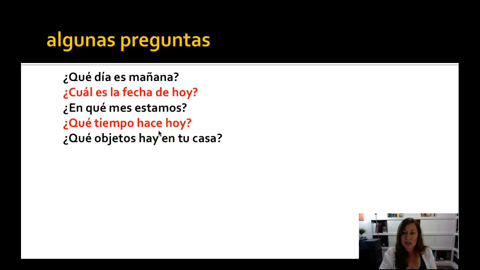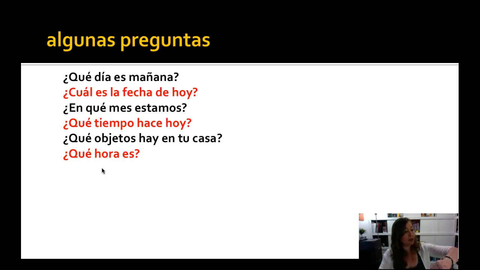¿Qué objetos hay en tu casa? So you would answer it by saying, en mi casa hay muchos objetos. Hay una mesa, hay una ventana, hay puertas, hay lápices y bolígrafos, hay tabletas y computadoras y hay muchos objetos en mi casa. ¿Qué hora es?